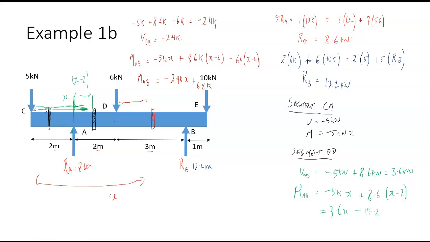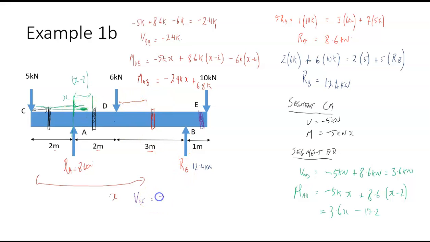Okay, so that's the bending moment from D to B. And then if I want to get the final one somewhere out here, and let me change the pen color. So if we're looking at this segment and we want to get the shear force from B to E, we're going to sum all the forces to the left.